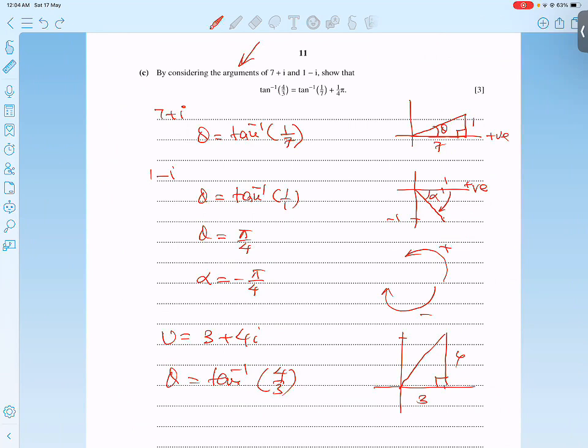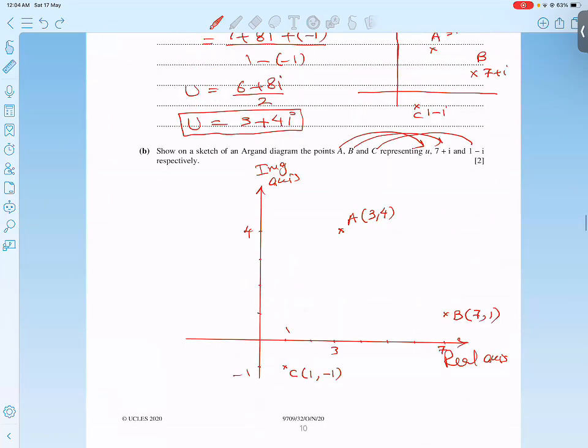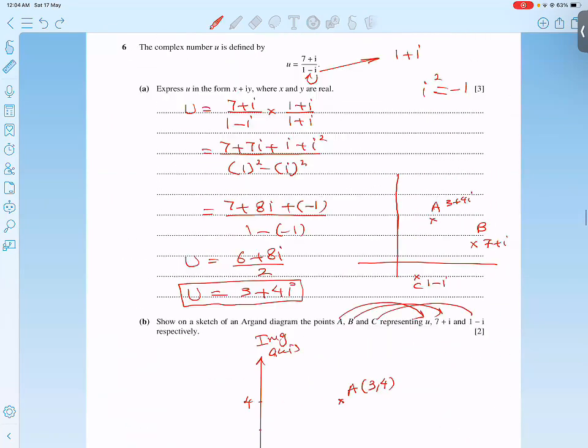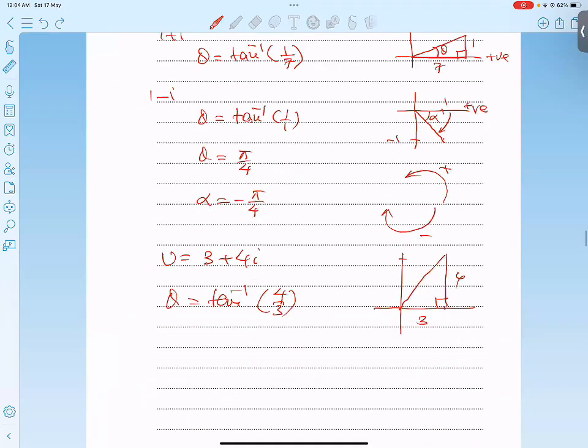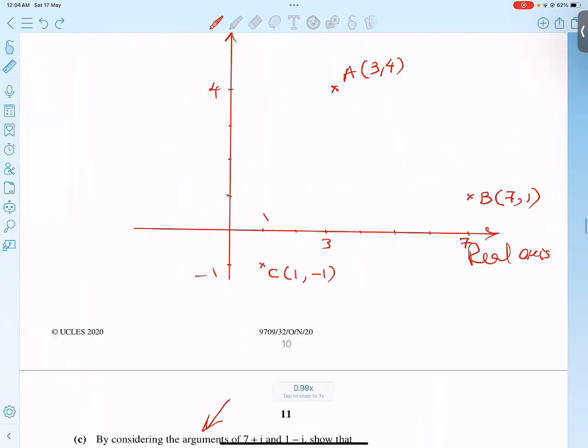So first of all, what is the method to do the arguments of both? Because if you look carefully, I show you this idea from the diagram.